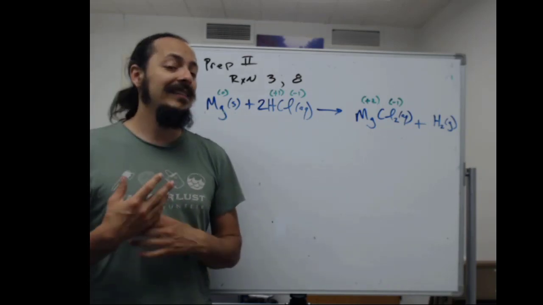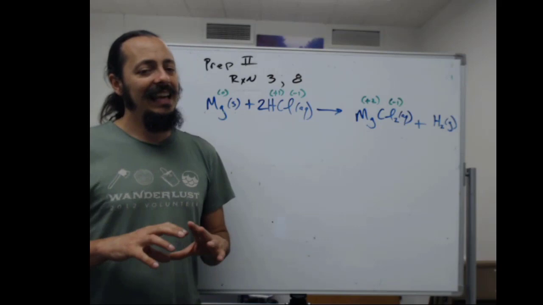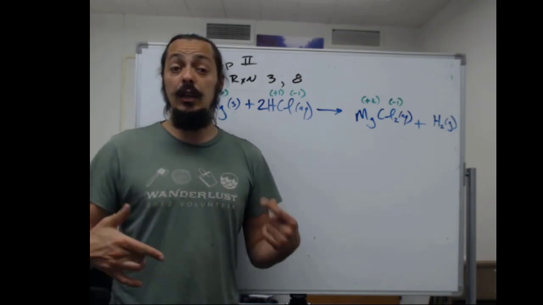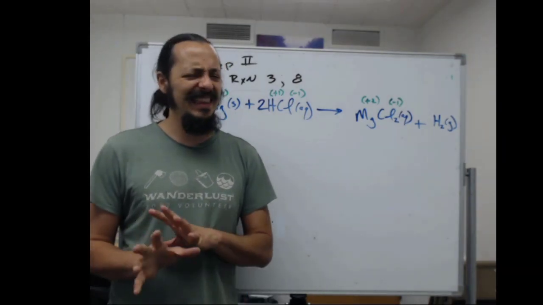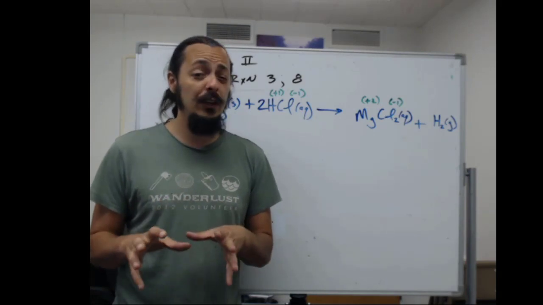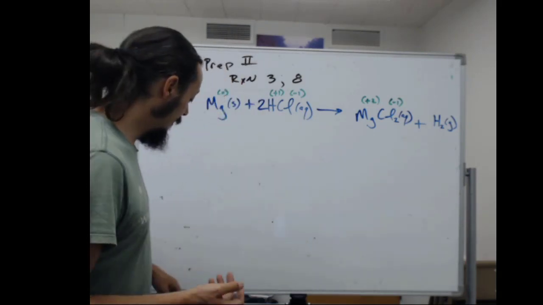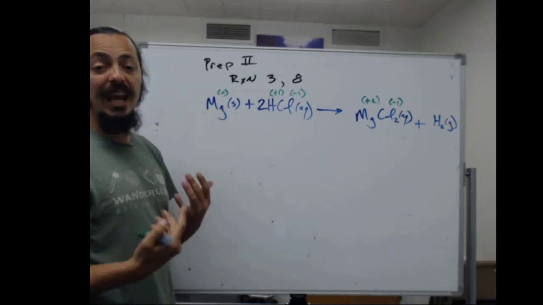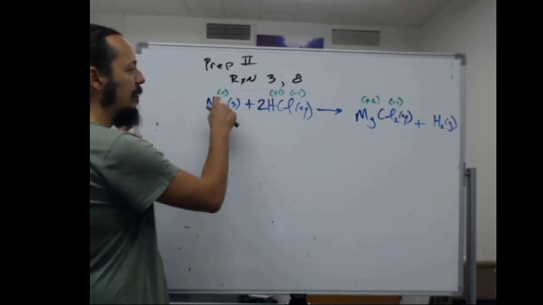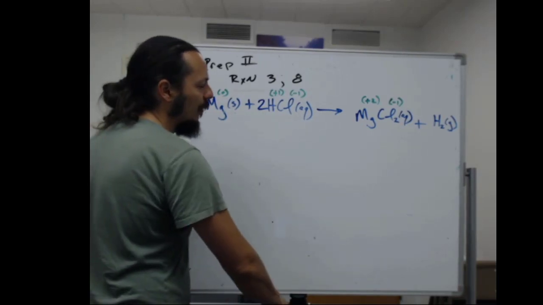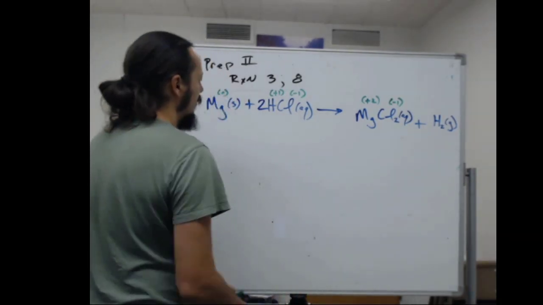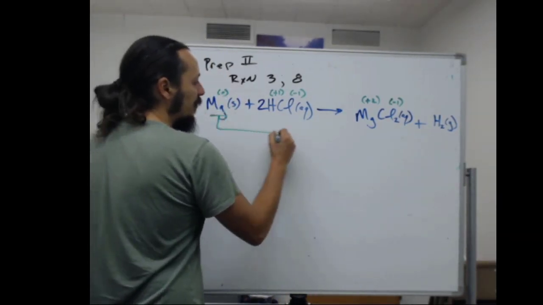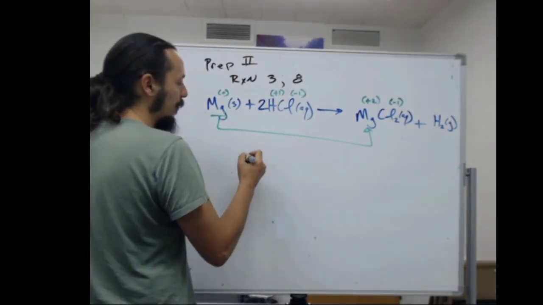Redox reactions, because they can do so many different things, it's harder to see them until you get used to it. But after you get used to it, I think redox are actually really easy once you get used to the charges. Redox reaction, we're looking for a change in the charge on the element. Magnesium goes from 0 to +2.